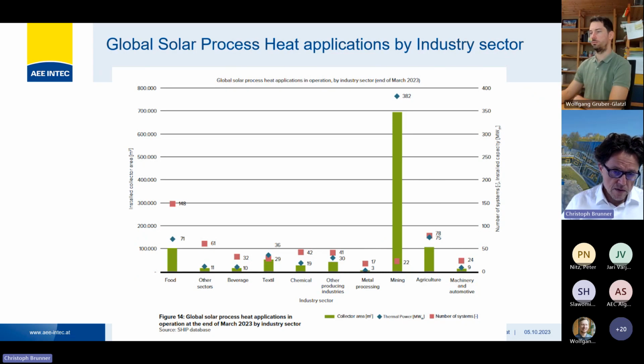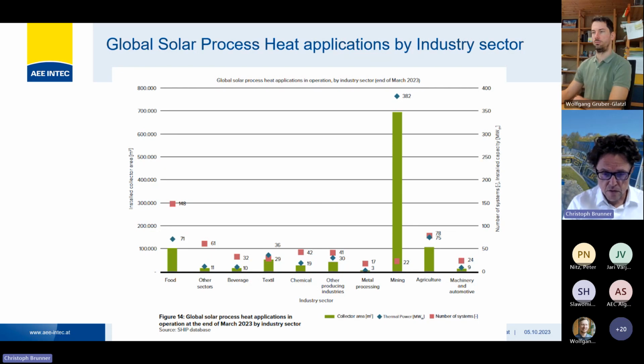As you can see in this graph, the food industry has the highest number, 148 recorded plants, and the highest thermal capacity can be found in the mining industry.